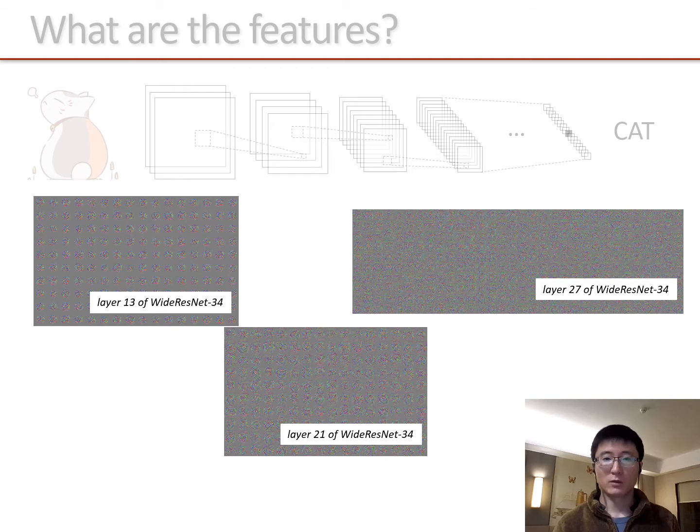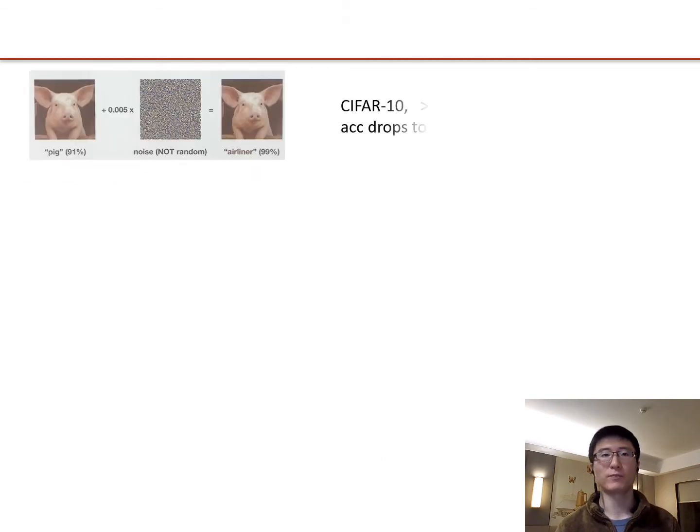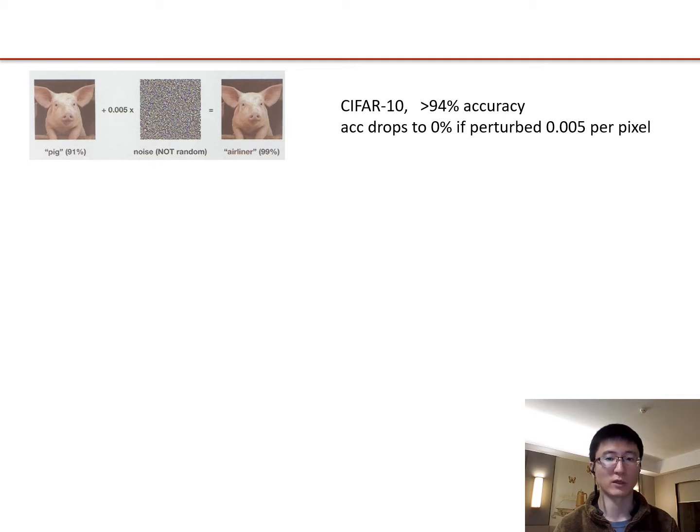Okay? So let's now be a bit more concrete to make sure everyone's on the same page. If you take your favorite image classification data set and suppose you use a convolutional neural network like ResNet to do the training, it's very easy to get, say, more than 94% of accuracy. And as I said, if you perturb each input image just by 0.5% per pixel, you can just make the accuracy drop to 0.